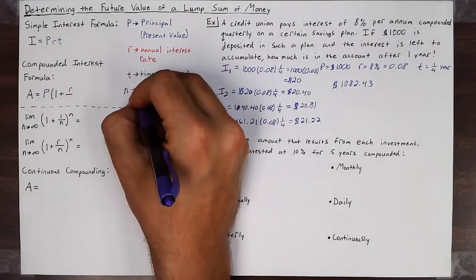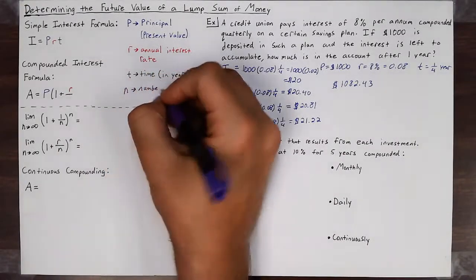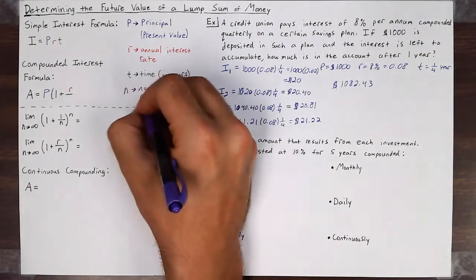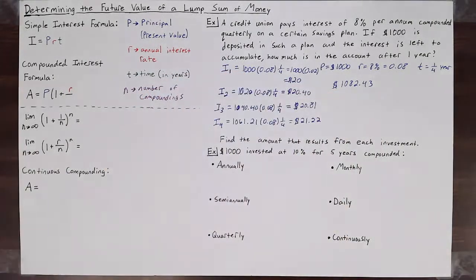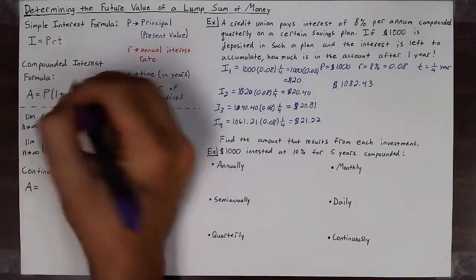So you divide the rate over that number of compoundings.